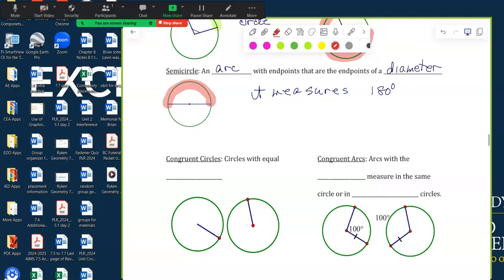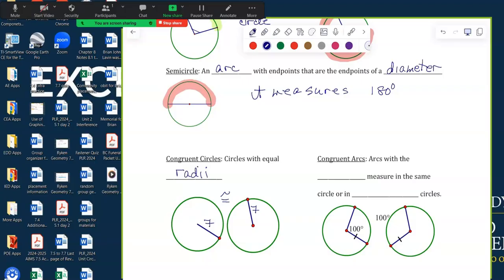Okay, congruent circles. For two circles to be congruent, they have to have the same radii. So if this is 7 and this is 7, then you would say that these circles are congruent.